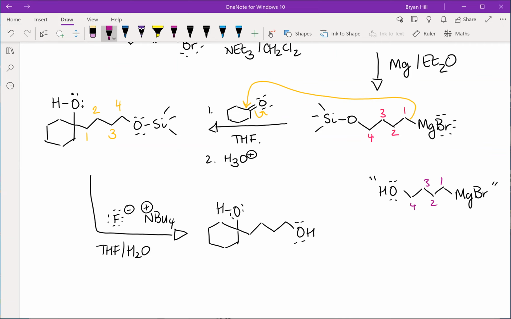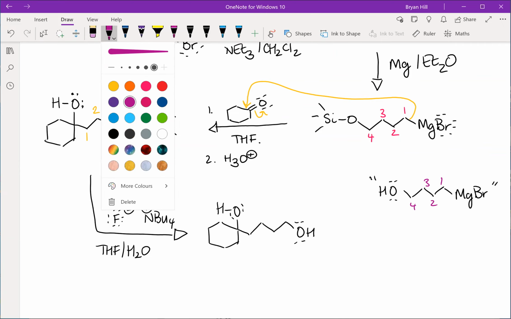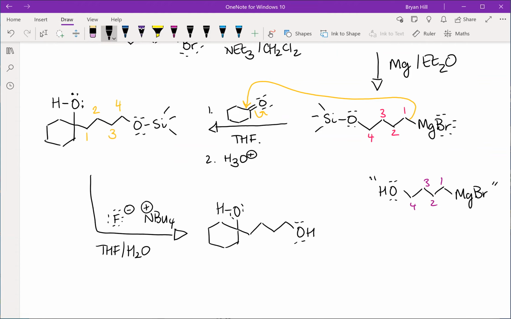So yeah, most textbooks bring up the oxygen protecting group here, the alcohol protecting group, because you make something which is easy to put on and easy to take off, and the yields are high. So it's a neat little way of doing things. So we've learned our first protecting group, which is a silyl ether. So that's good.